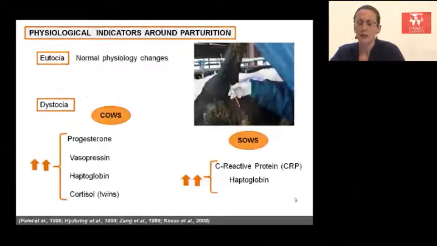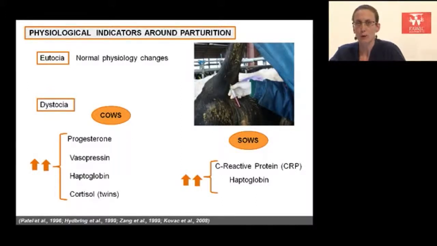In relation to the physiological indicators around parturition, again, we have to remember that there are several physiological changes normally produced by a normal or eutocic parturition.